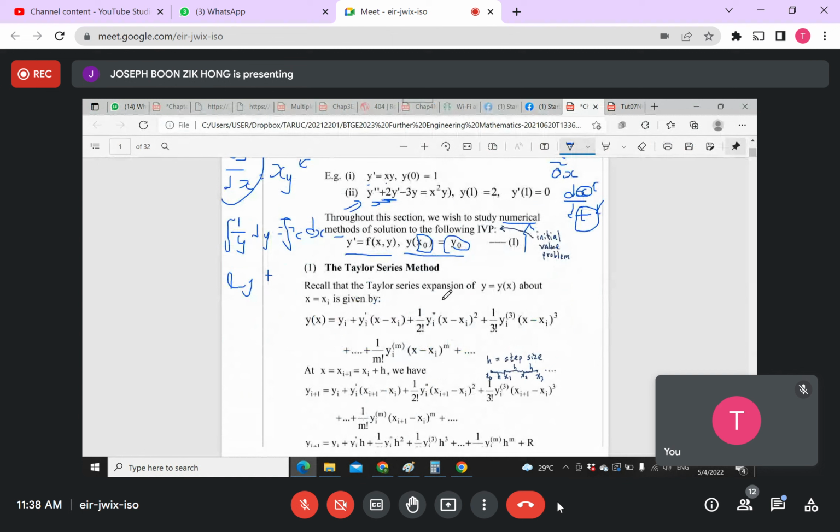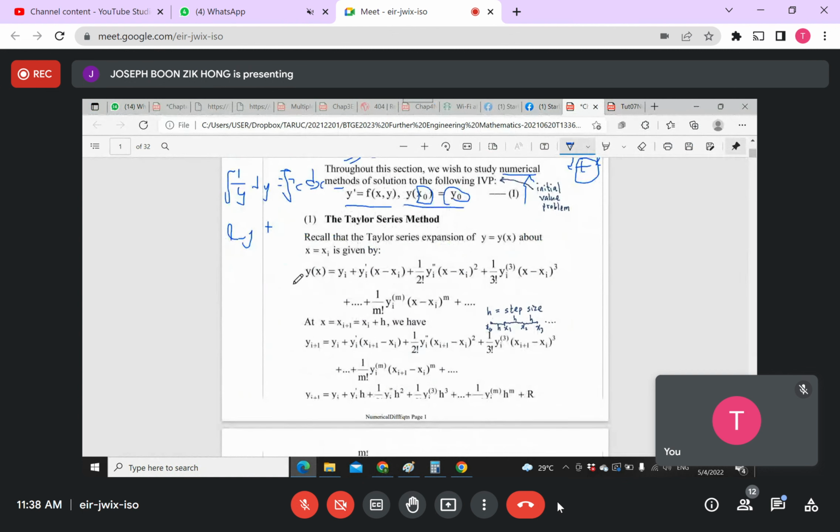Okay, first we see the Taylor series method. When we talk about numerical methods, normally we start with the Taylor series. Some people start with the Maclaurin series. No matter what kind of numerical method, like last chapter, we also started with the Taylor series in order to get the finite differences: centered, forward, backward, and so on.